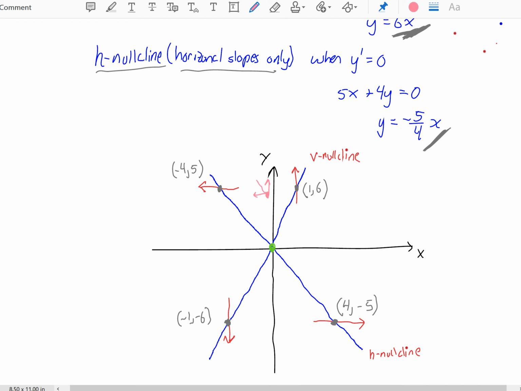And so in general, it has moving up and to the left. If you were in this region, you have to be moving to the left and down, and in general, down and to the left. In this region, you have to be moving down, because it matches your vertical nullcline, and to the right, and in general, down and to the right. And in this region, you have to be moving to the right and up, and in general, up and to the right.